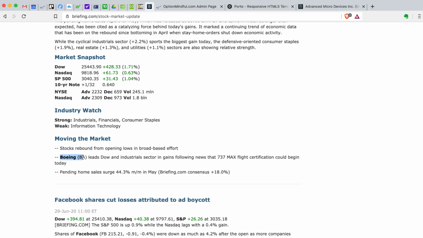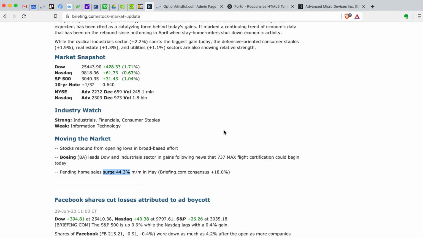Okay, so Boeing is a thing to watch. So why not have a look at this also? Pending home sales surge. Okay, that's driving the market. So something in real estate. You can see that we have an increase, something going on in real estate.